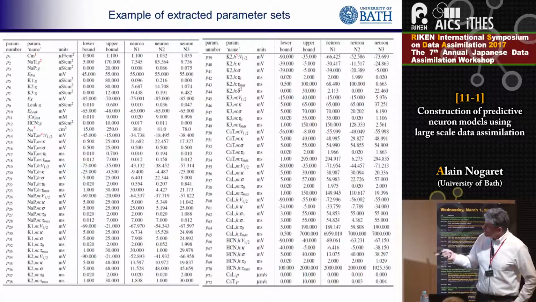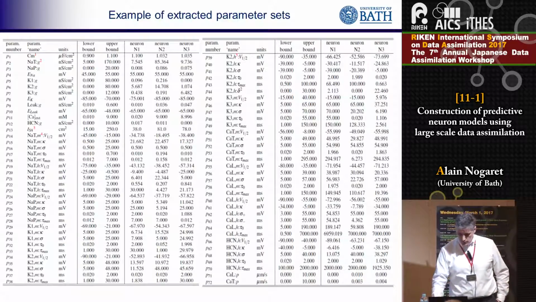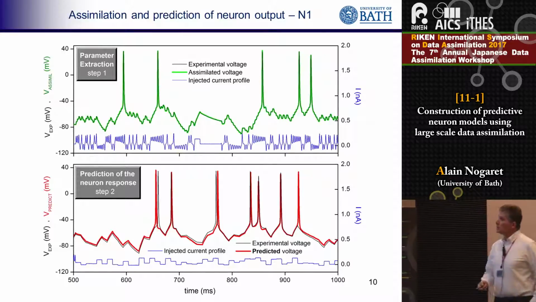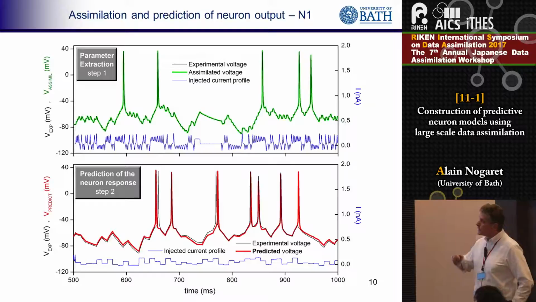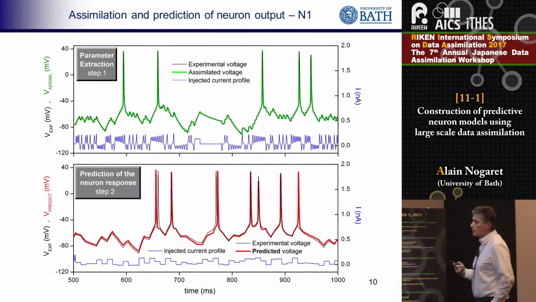So this is the vector P that you get for each neuron, with 71 components. So you can assimilate data to construct a completed neural model, and afterwards use this model for making predictions.